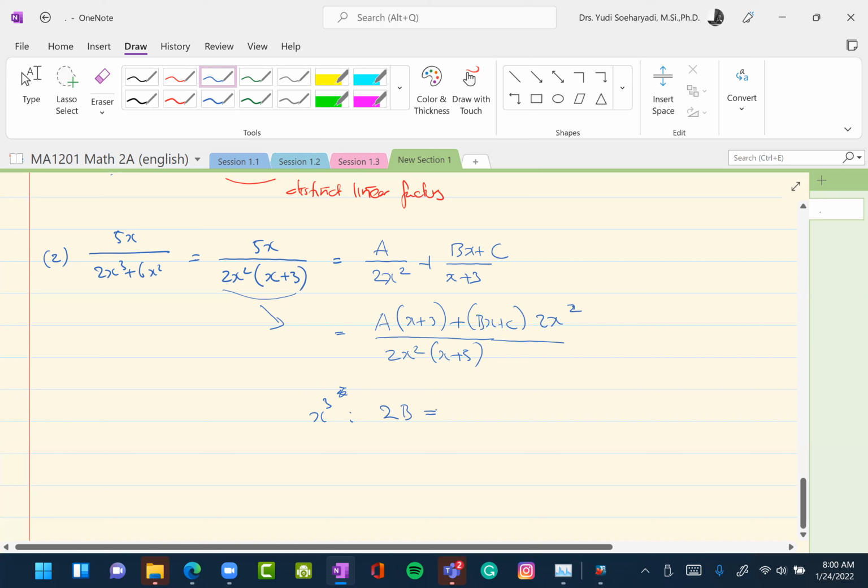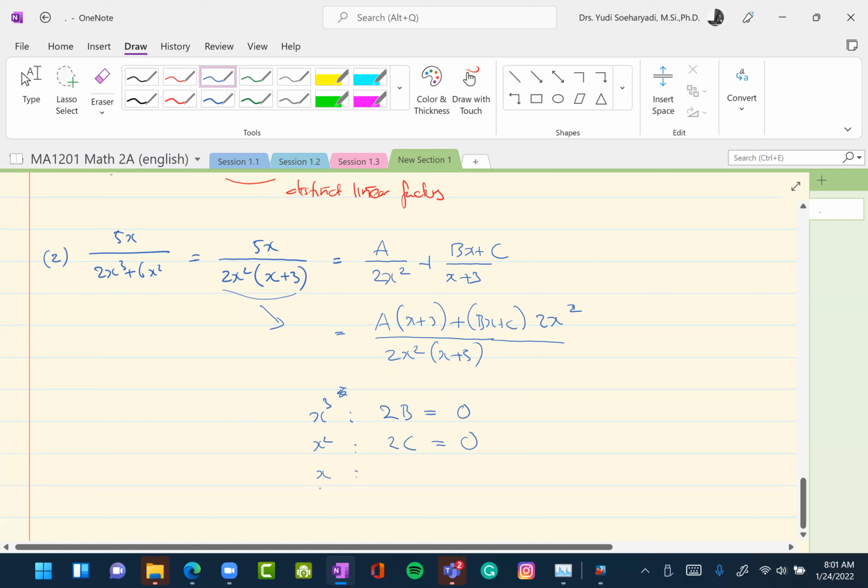And there's no cube in the left-hand side, so that's 0. How many squares you have? There's no squares here, and you have, let's see, so c times 2x squared, so 2c. No squares, that's a 0.